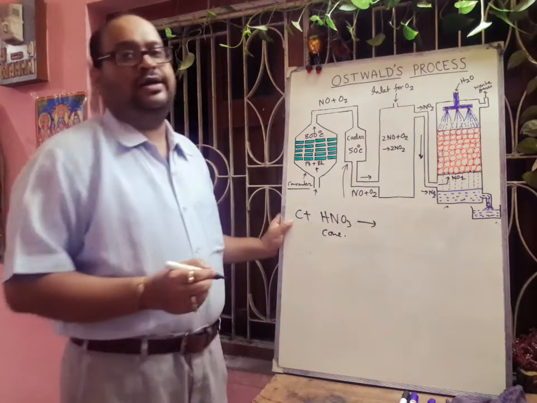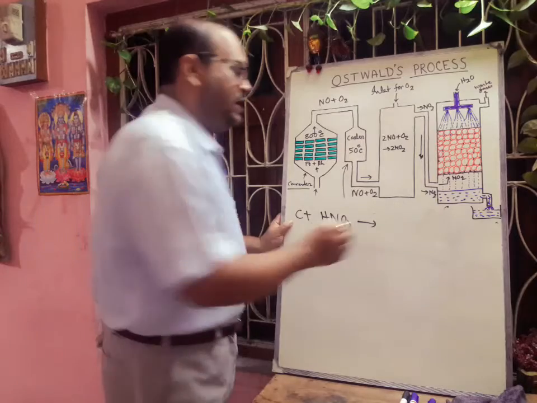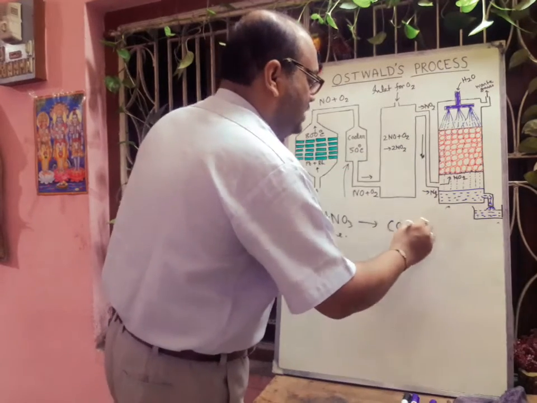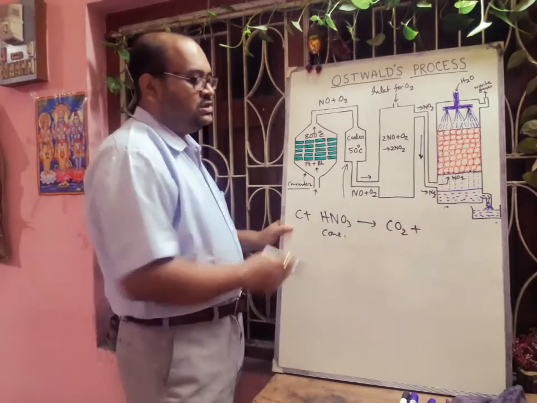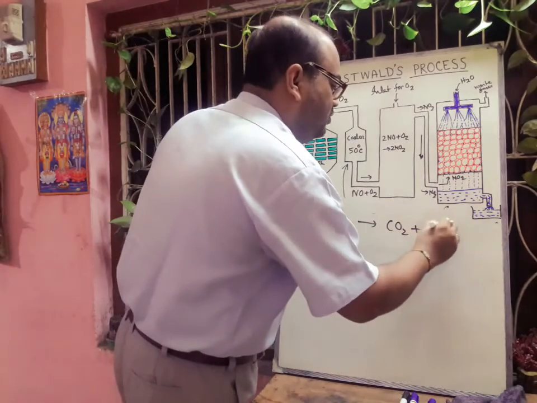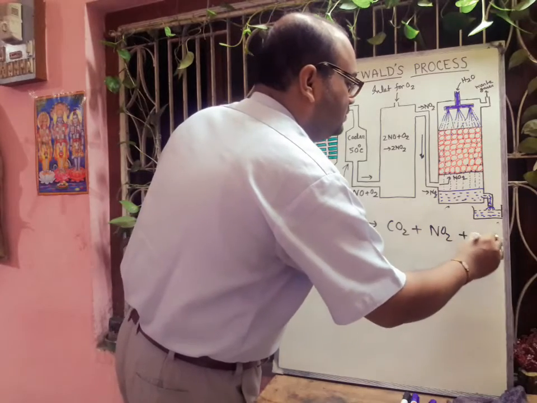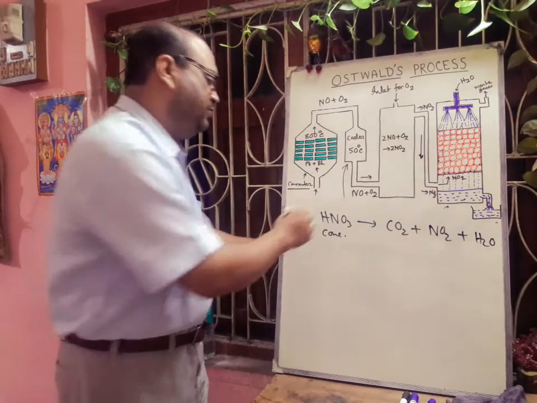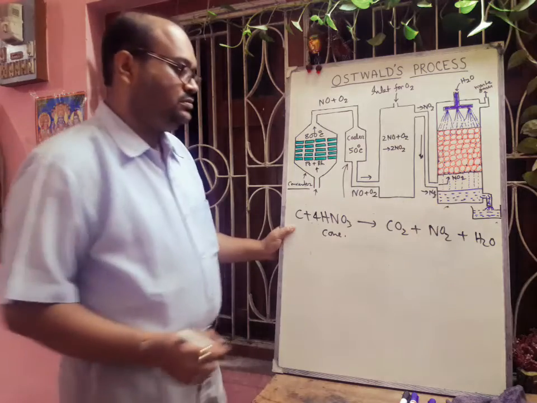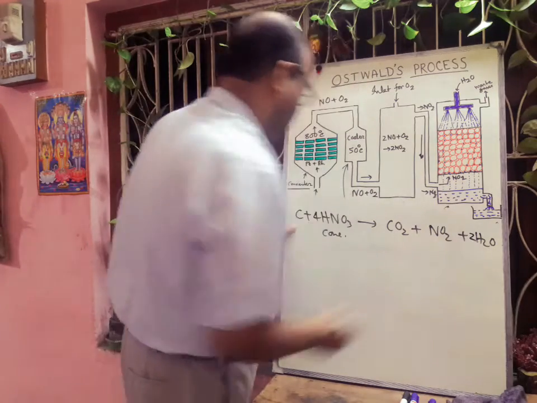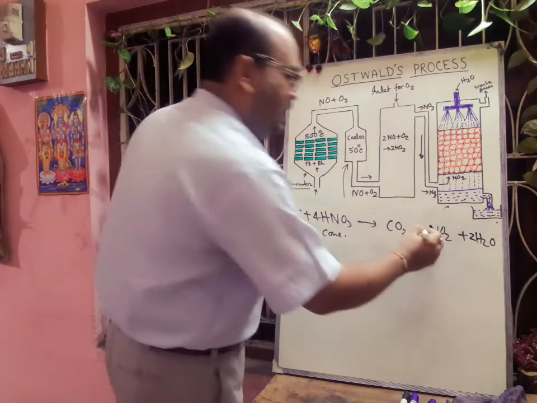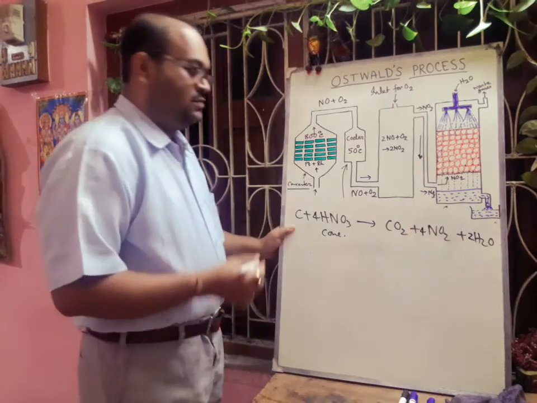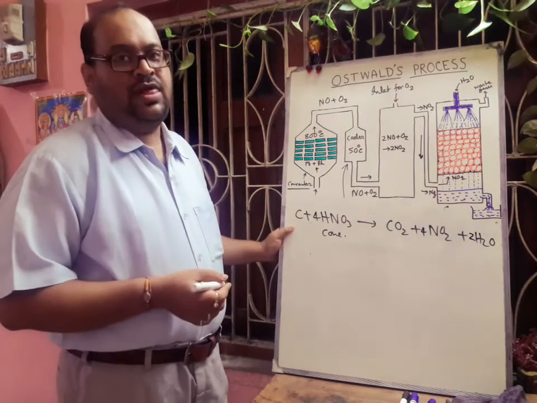It will convert the carbon to carbon dioxide. And just now I have told that if we use concentrated nitric acid, there will be production of NO2 plus H2O. Okay. Now we have to balance this equation. If we put here 4, then here we have to write 2, and here we will write 4. And now it is balanced.